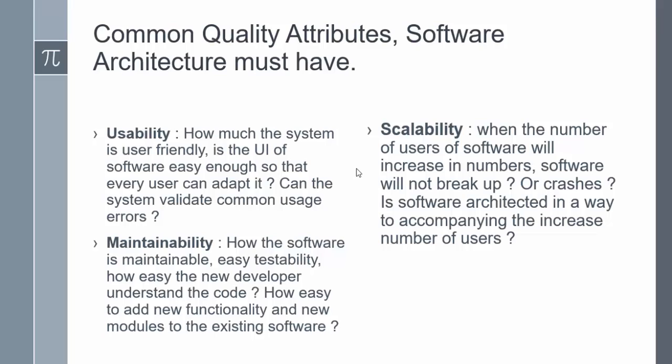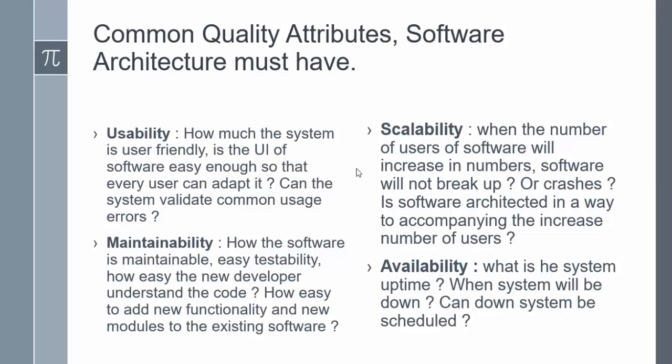Isn't it going to crash when the number of users increases? Is the software architected in a way to accommodate the increased number of users? Scalability is the quality attribute that focuses on how stable your system is when we increase the load of users.